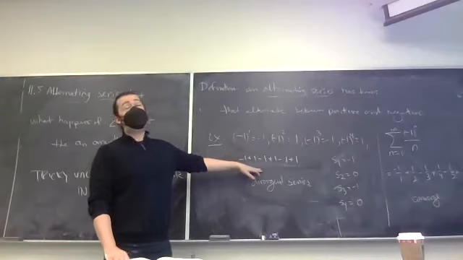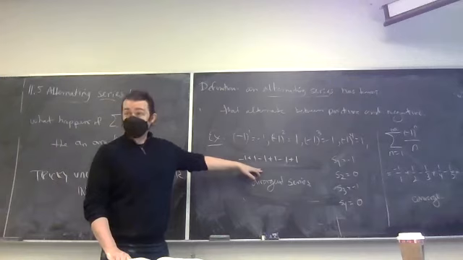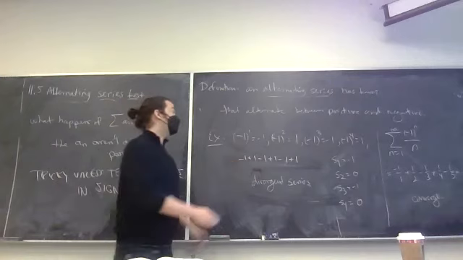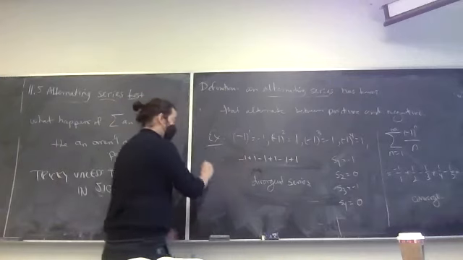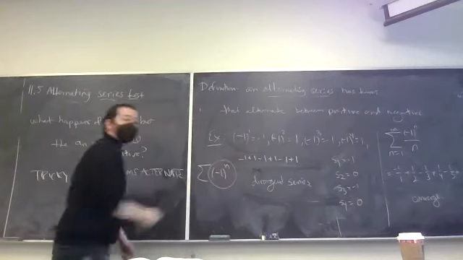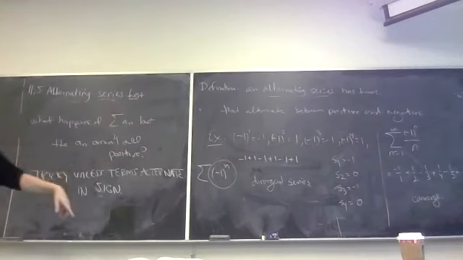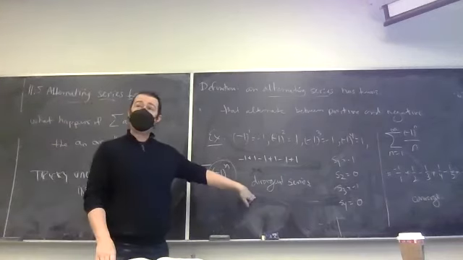The a_n, not just that a_n decrease, more than that. They have to go to 0, right? If a series has a prayer of converging, the terms have to go to 0. The limit of this is not 0. If you wrote down (-1)^n, the limit of that is not 0. It doesn't have a limit, right? So the test for divergence tells you this is divergent.